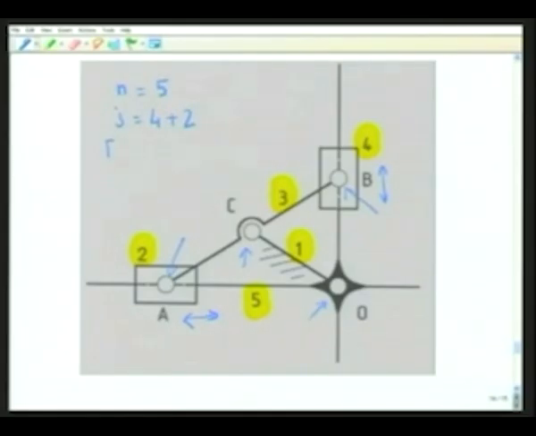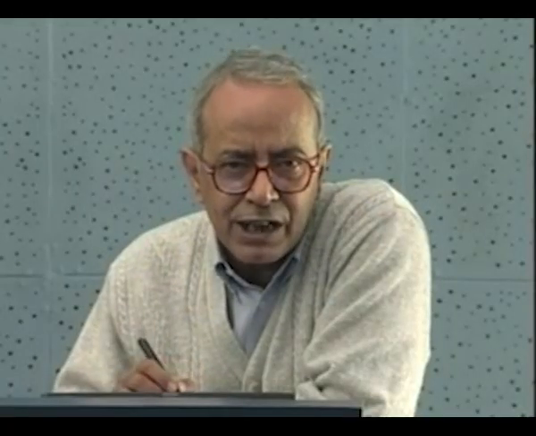Thus F turns out to be, according to the formula, 3 times (5 minus 1) minus 2 times J, that is 12 minus 12, which is 0. So without any special dimensions, this will be a structure. There should not be any mobility, any relative movement.